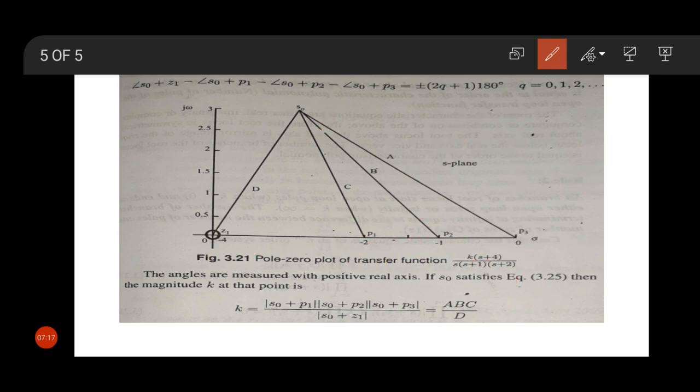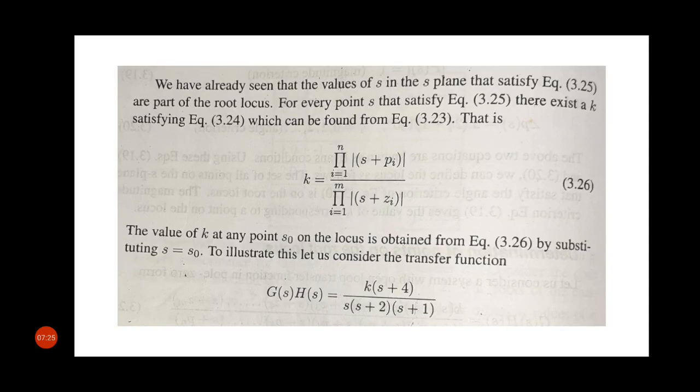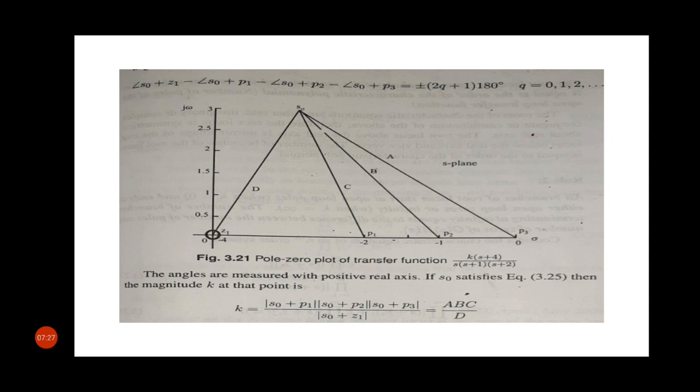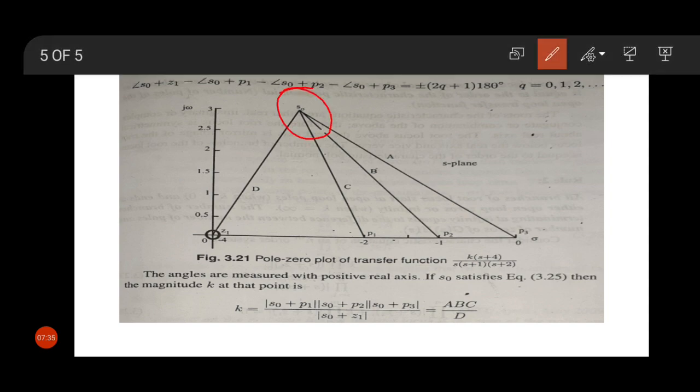So this is the pole-zero plot of the transfer function. Now we take an arbitrary point S0 on the S plane. If S0 is a point on the root locus, then it has to satisfy the angle criteria.